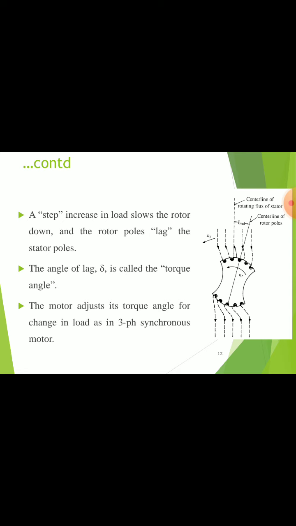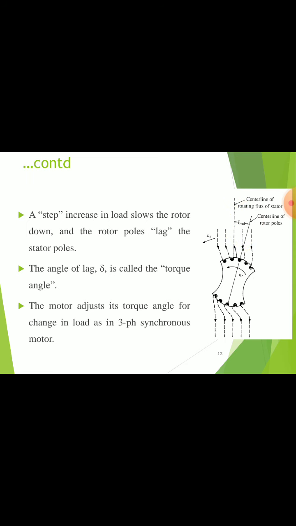The rotor poles lag the stator poles, that is, there should be a lagging between rotor poles and stator poles, and the angle of lag delta is called the torque angle.